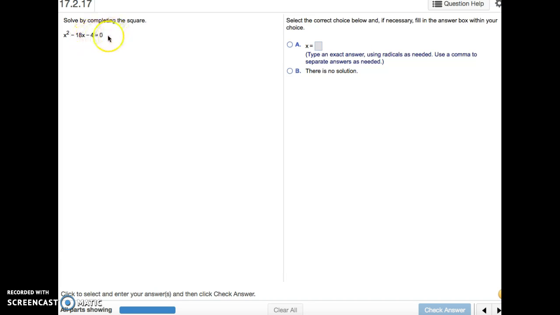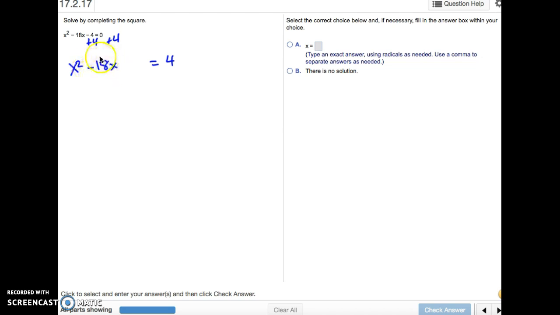That's very similar to what we were doing when we were rewriting in vertex form. So I'm going to move this 4 over, copy down my x squared minus 18x, leave that space, and put the 4 on the other side.